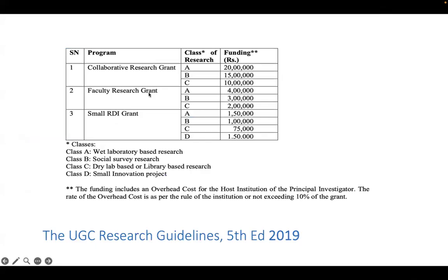These three grants again subdivide into different classes from class A to D, and the maximum amount that can be given in the collaborative research grant is 20 lakhs. Similarly, in the faculty research grant, it is 4 lakhs, and in the small RDI grant it's 1,50,000. I have taken all this from the fifth guideline that was published in 2019.